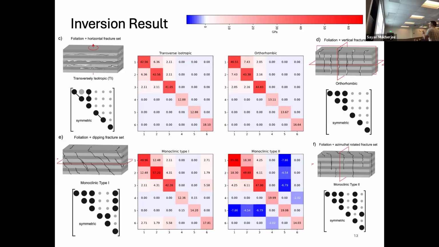Actually, for both TI, transverse isotropic, and orthorhombic, the first three numbers along the diagonal, C11, C22, and C33, correspond to the P wave propagation velocity in 3 principal directions, respectively. As we can see, these 3 numbers are pretty close to each other, which is also shown by the result from orthorhombic.